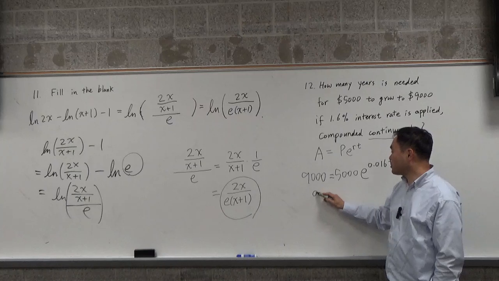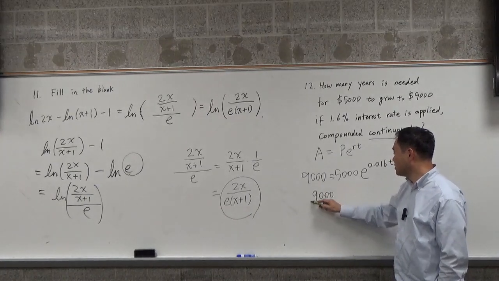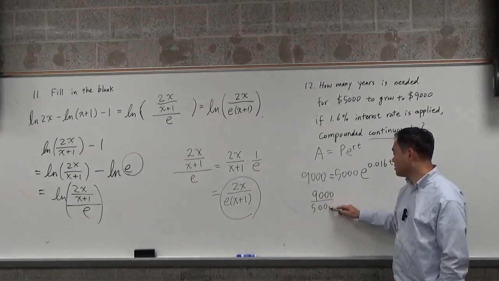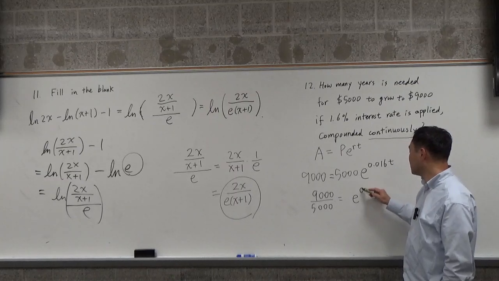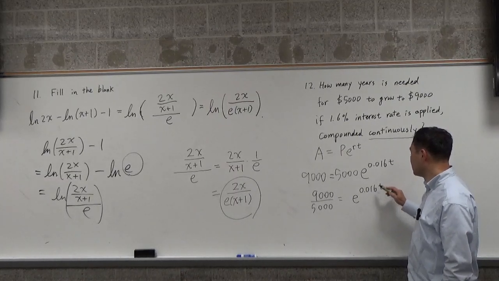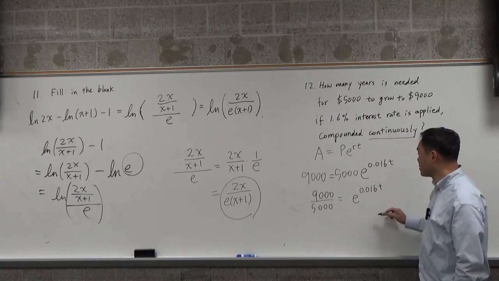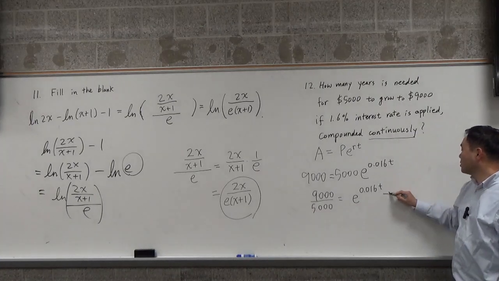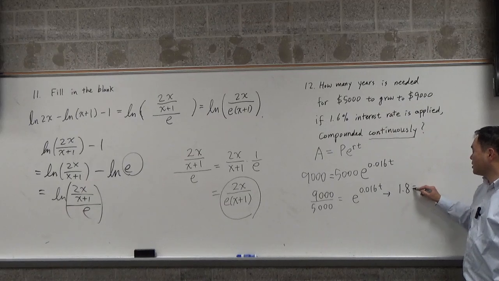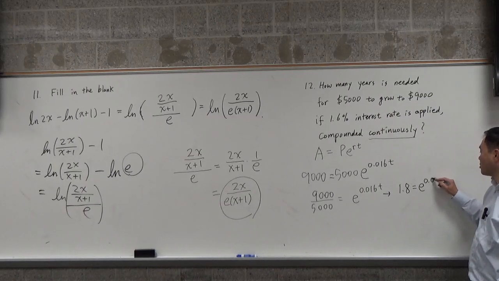Now you divide both sides by 5,000, so that the left side will become 1.8 equals e to the 0.016t.